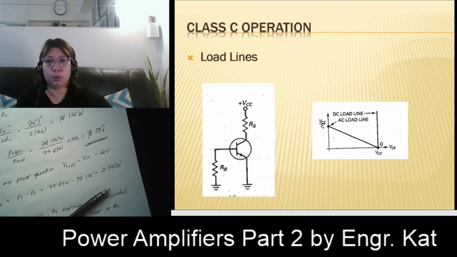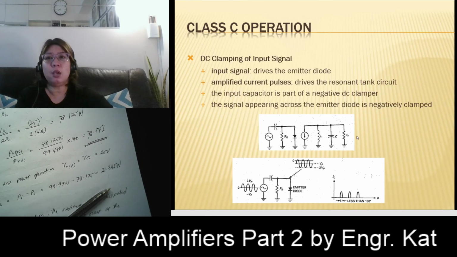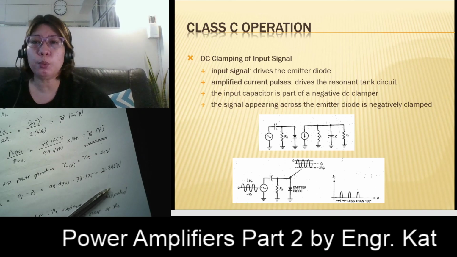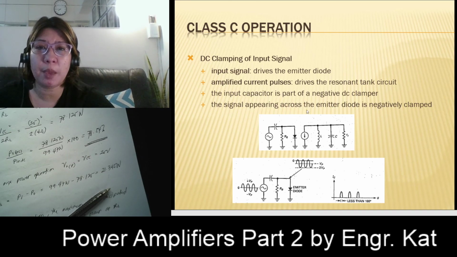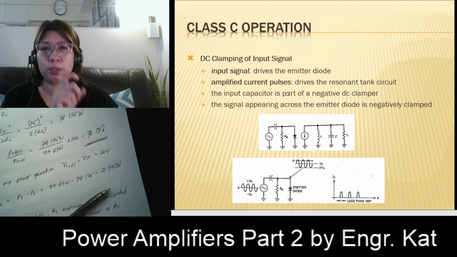Okay, so these are the load lines. We usually place the operating point somewhere below your VCC. Here we have the DC clamping of the input signal. Usually your input signal drives the emitter diode, which is usually 0.7 volts. The amplified current pulses drive the resonant tank circuit.